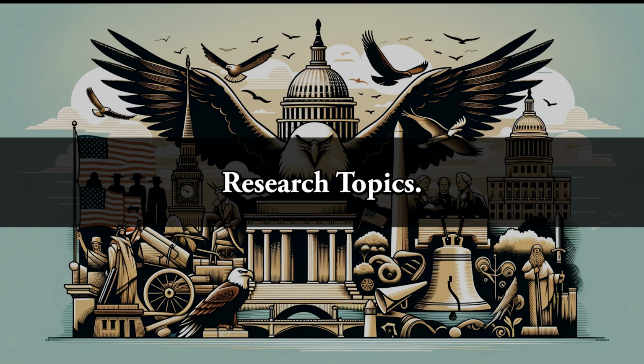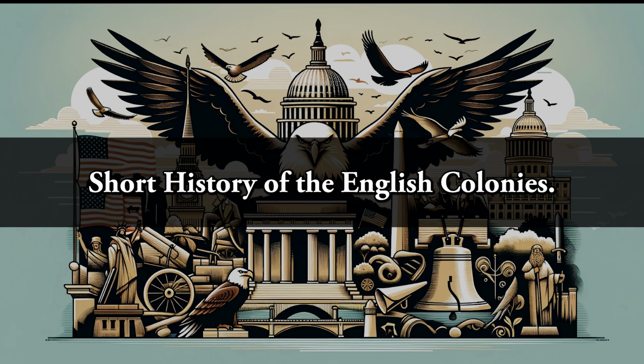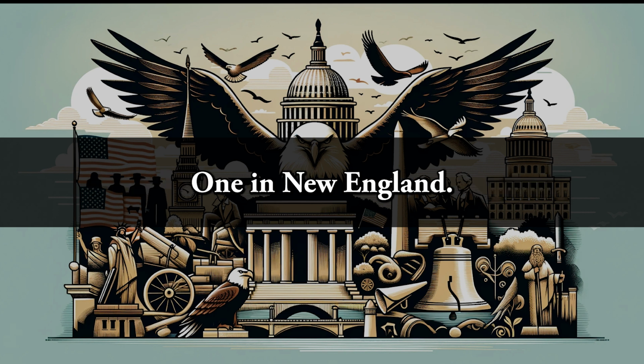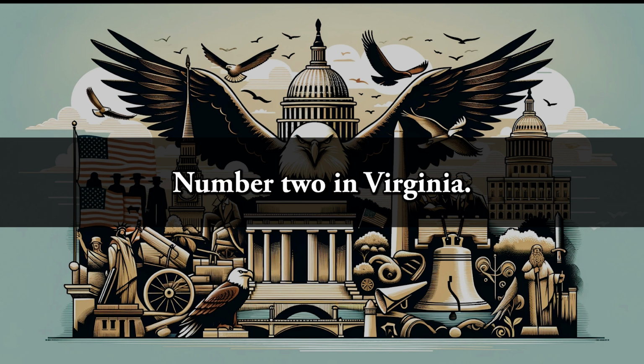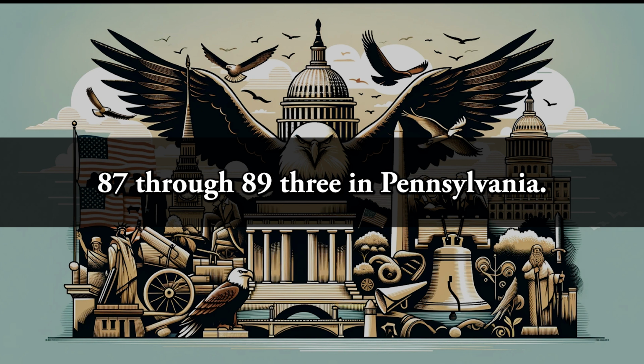Research topics: Religious and intellectual life. Lodge, Short History of the English Colonies. 1. In New England, pages 418 to 438, 465 to 475. 2. In Virginia, pages 54 through 61, 87 through 89. 3.